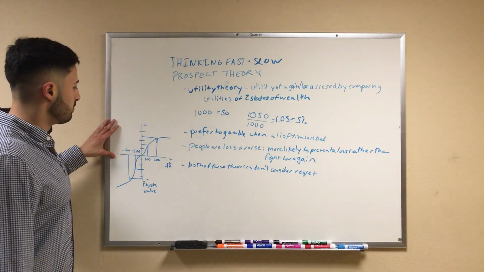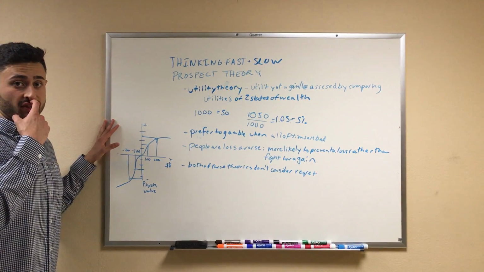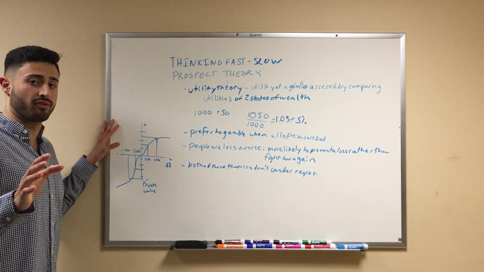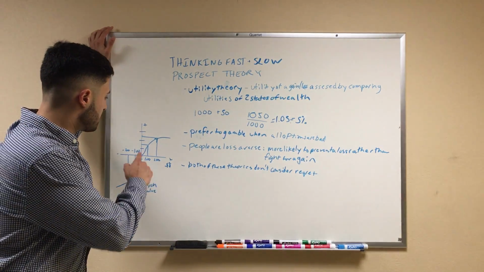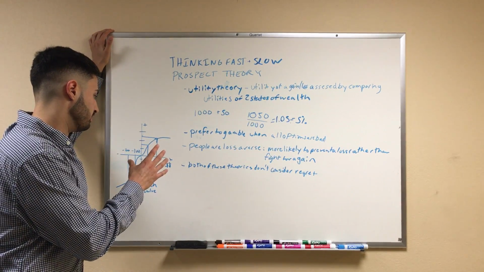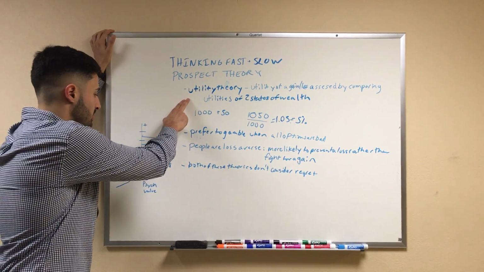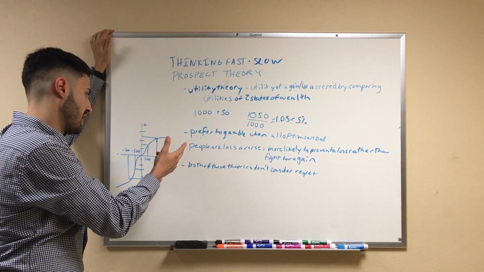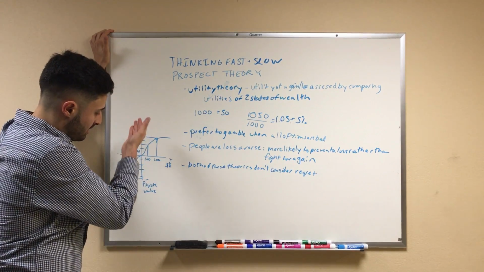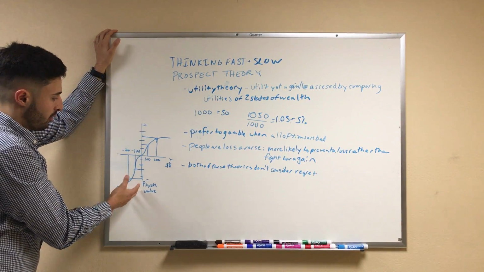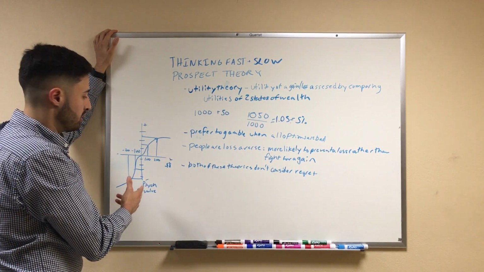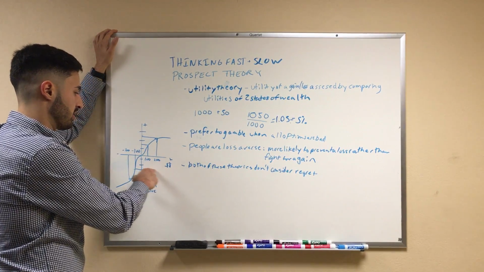So here's a good picture that they use in the book. I tried drawing it. I am in no way, shape, or form an artist, guys, but this is what they use to describe the prospect theory. So it's not the same as utility theory in the sense of how everything's calculated. The y-axis here is for positive or negative psychological value, and the x-axis is for the dollar amount.